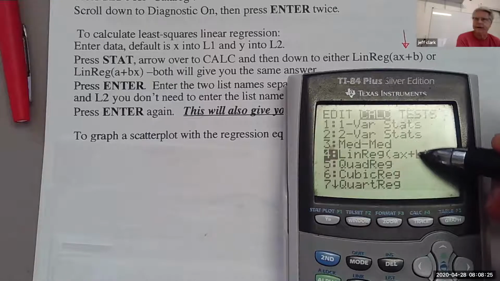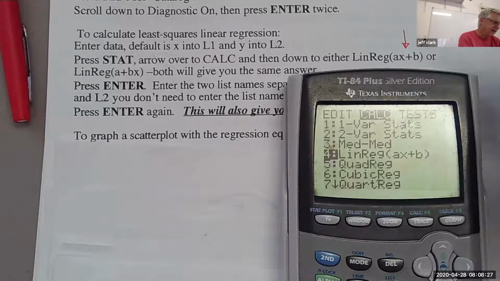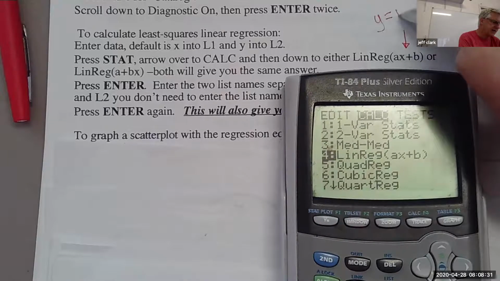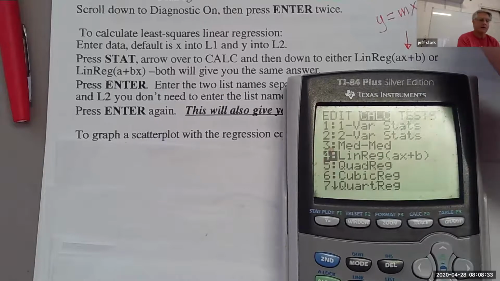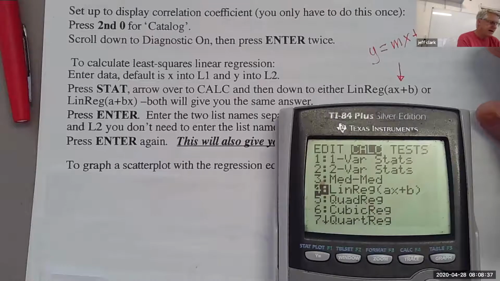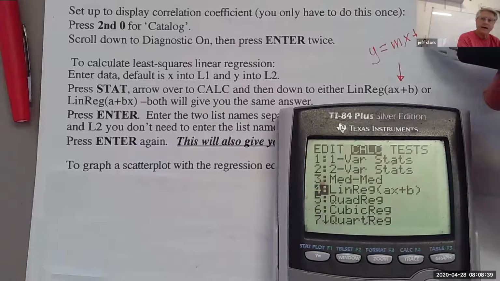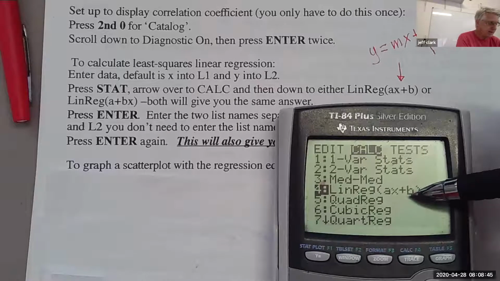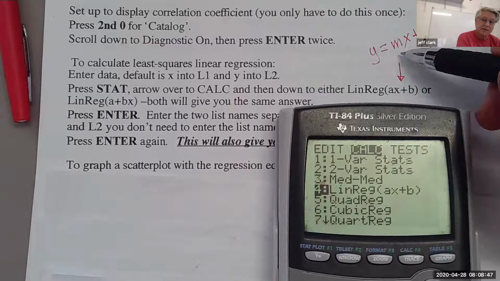Well, I guess I might as well go ahead and tell you. In the old algebra days, y equals mx plus b. This is the equation of a line. As you remember, the b is called the y-intercept, so that b is the y-intercept of the line, and m represents the slope.